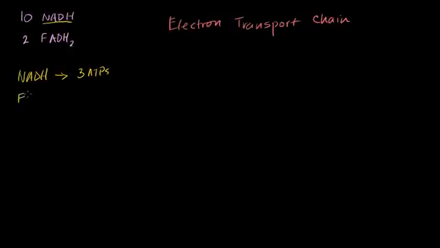And each FADH2, in a very efficient cell, in both of these cases, will be indirectly responsible for the production of 2 ATPs. And the reason why this one produces fewer ATPs is because the electrons that it has going into the electron transport chain are at a slightly lower energy level than the ones from NADH.